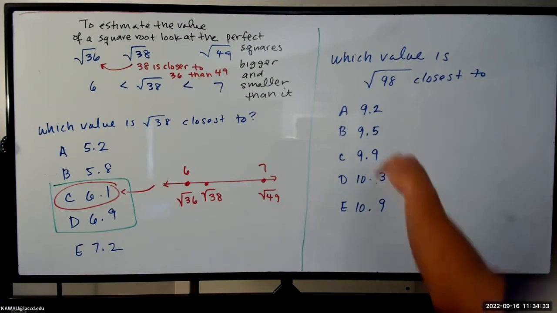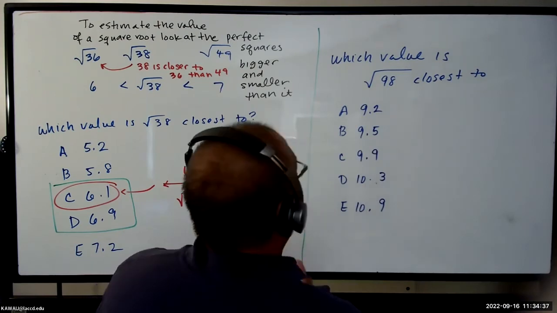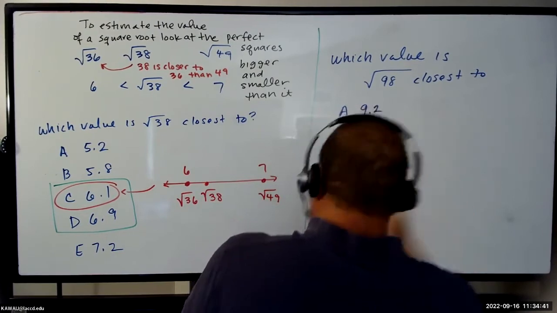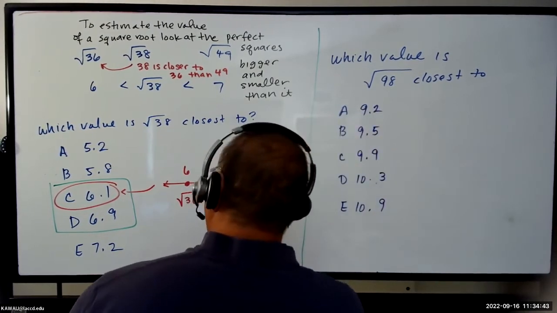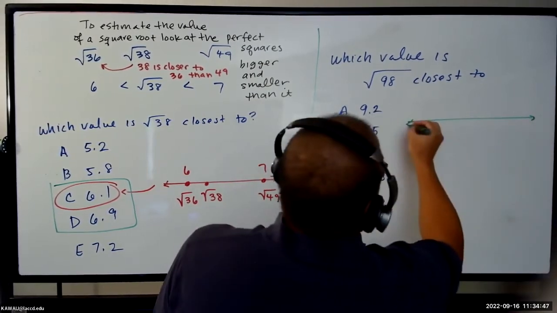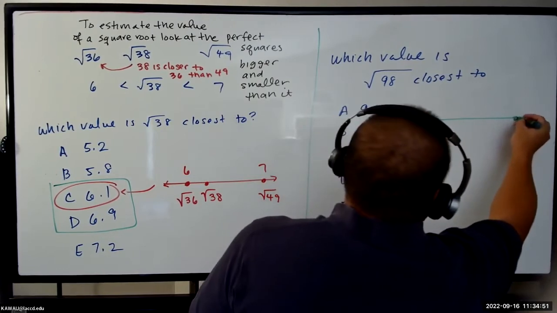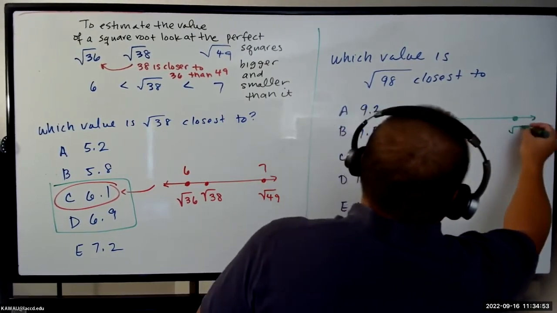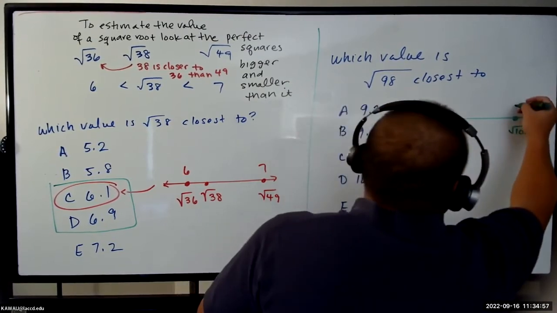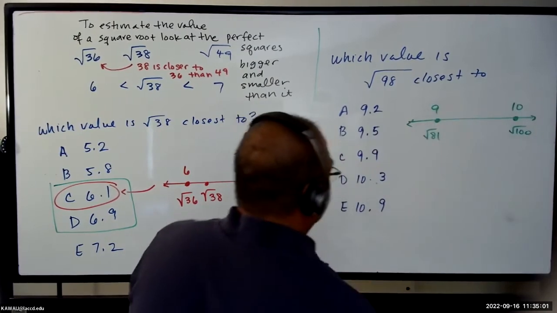Okay. So let's look at the perfect squares here. If we're going to use the number line, let me use a different color. This is in between square root of 100 and square root of 81. So this one is 10 and this is 9.